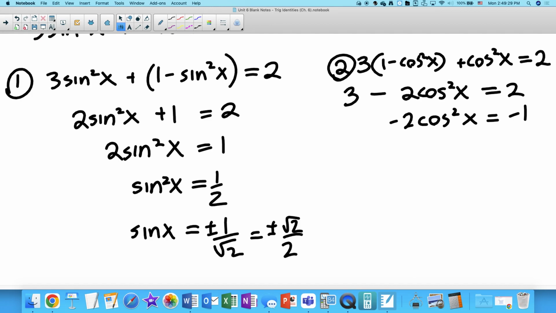And divide both sides by negative 2. 1/2. And we end up with the same solution, but now it's cos x equals plus or minus root 2 over 2. But remember that the angle that has that trig ratio is pi over 4 or 45 degrees. That's the only angle where sine and cosine are equal to one another, right?